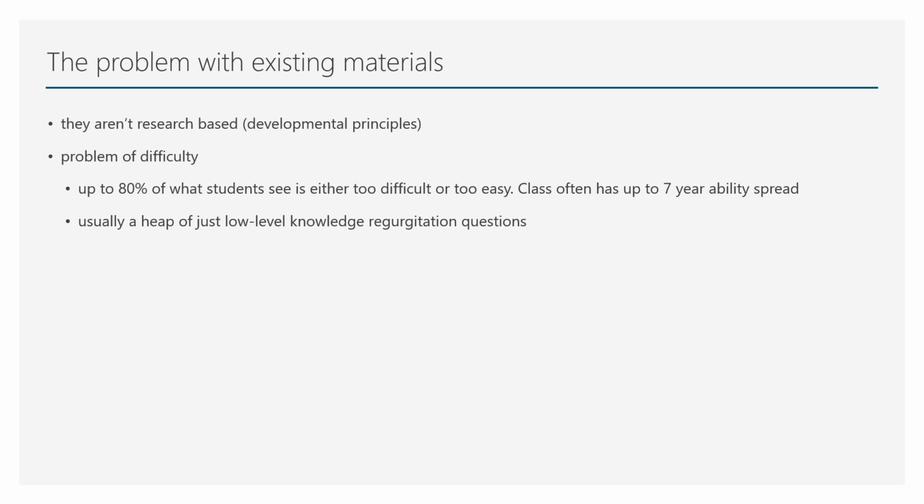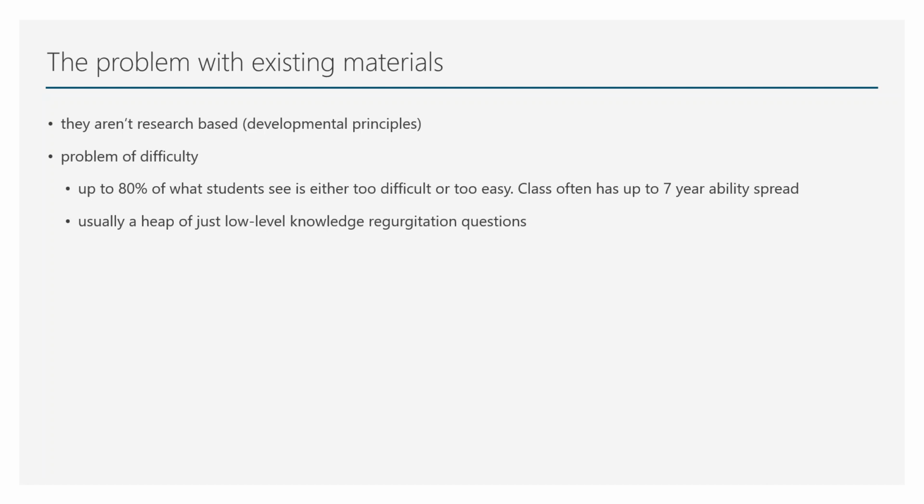And if you have a look at the questions that are asked of students in typical textbooks, if you think from a Bloom's point of view, it's usually just a whole heap of lower order regurgitate information back to me type questions.